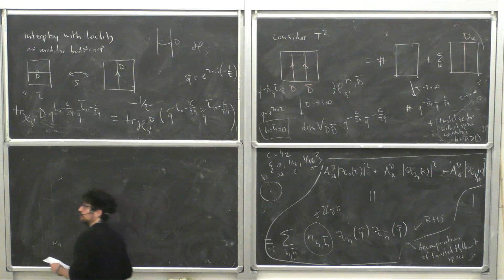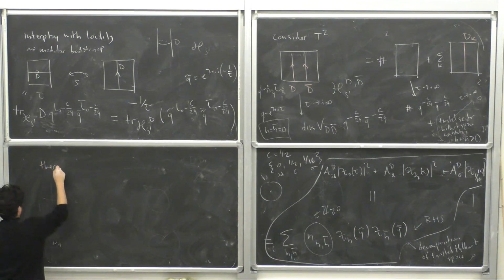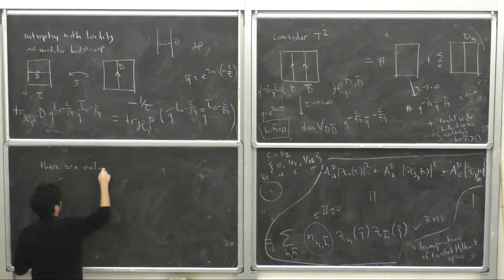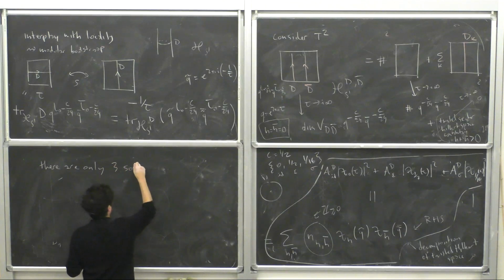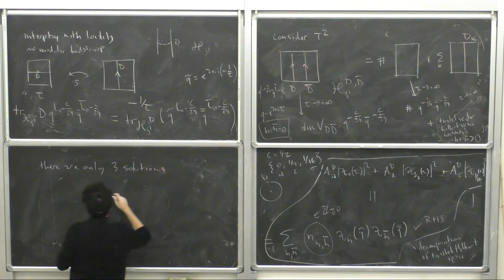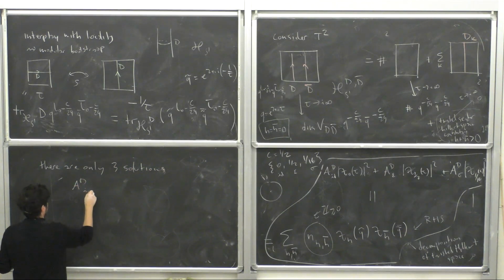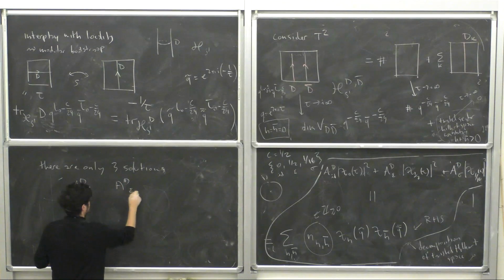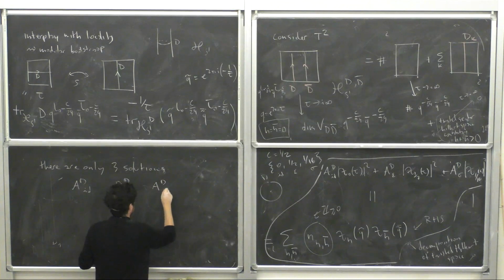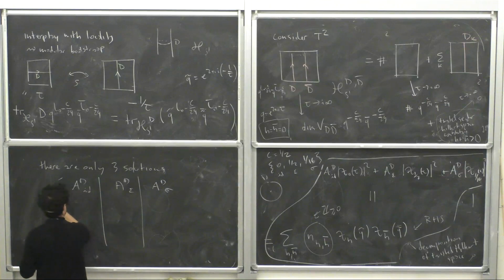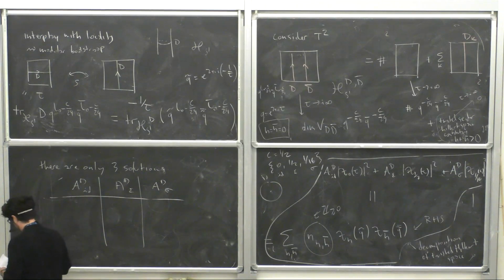So there are only 3 solutions. Let's call them a_D of identity, a_D of epsilon, a_D of sigma.